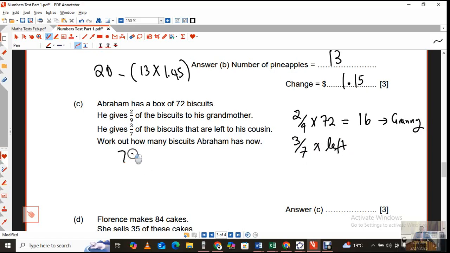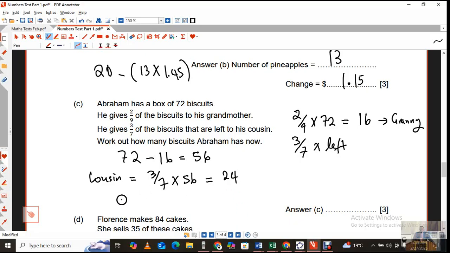He had 72, take away 16, so what is left will be 56. So the cousin gets 3 sevenths of 56, which is 24. Now the question is asking, work out how many biscuits he has now.